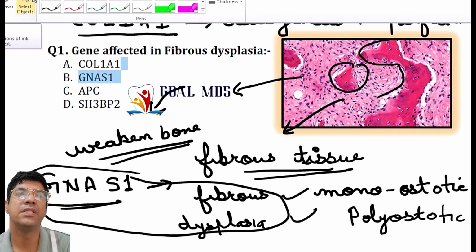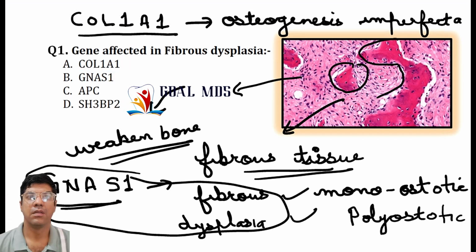So your answer would be the GNAS1 gene that is associated with fibrous dysplasia. The other is the APC gene.